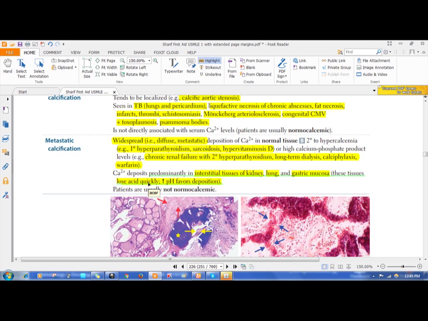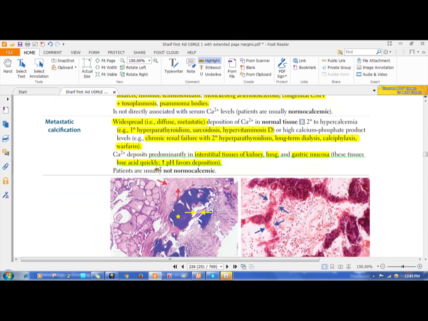Alkaline environment invites calcium to be deposited in the tissues. As opposed to whenever you have an acidic environment, this actually chews up bone. That's why the osteoclasts are most active in acidic environment. Okay, it's going to make sense, because if you pour acid into a bone, this acid will actually extract the calcium out of that bone, chewing the calcium out of that bone.